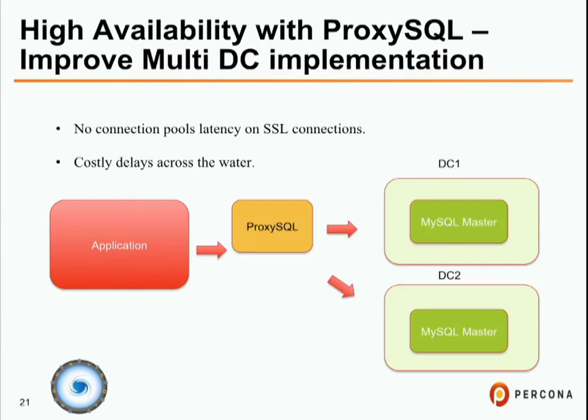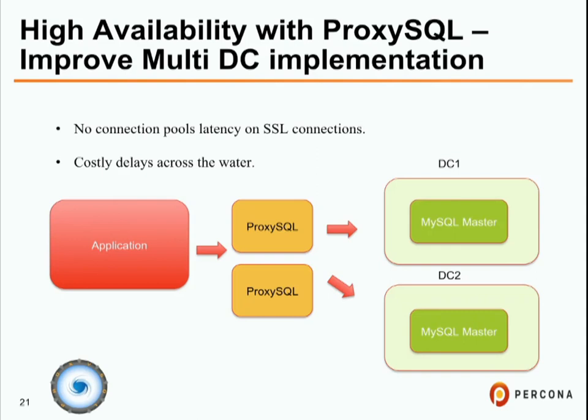Now, the application in every data center connects to a local ProxySQL, and this local ProxySQL knows if it is a read, it will send the traffic to the local slaves, while if it is a write, it will send the request to the remote data center. But the connection between the proxy and the remote database in the remote data center is always kept open.